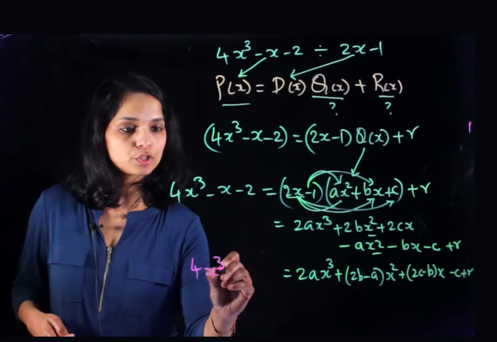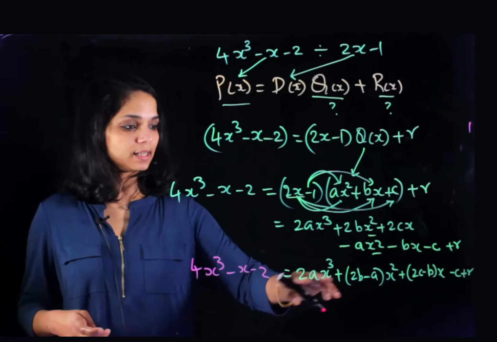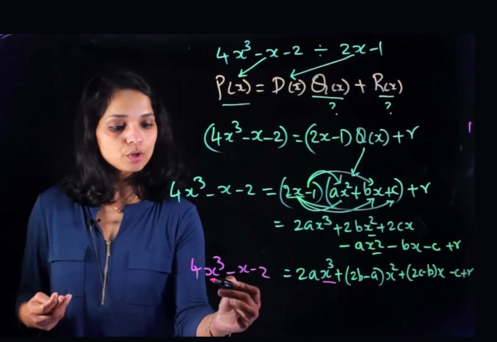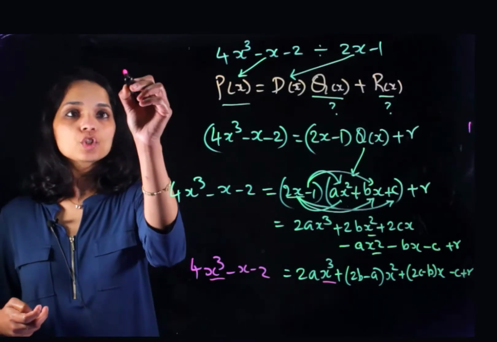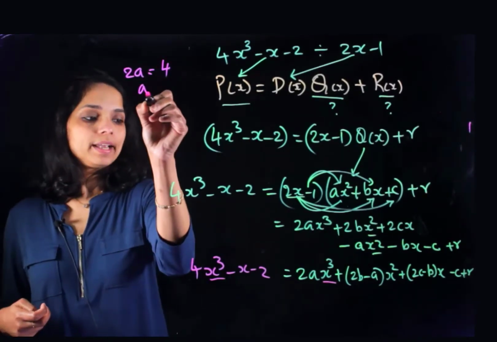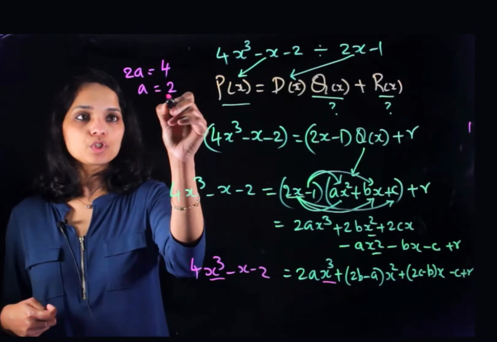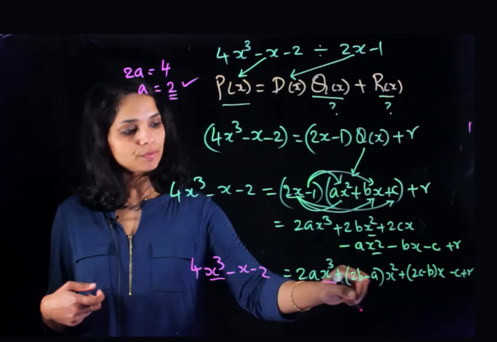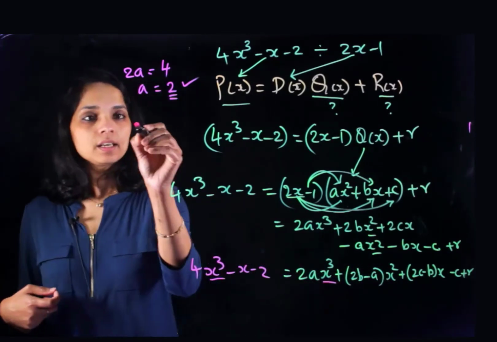This side is 4x cubed minus x minus 2 and this side is this one, and we can compare the coefficients of x cubed first. That gives us 2a equals 4, or a equals 4 over 2, which is 2. Now we can take the coefficient of x squared on both sides.